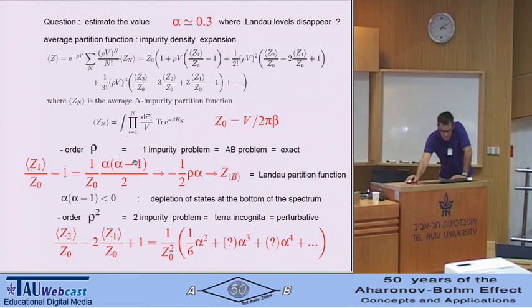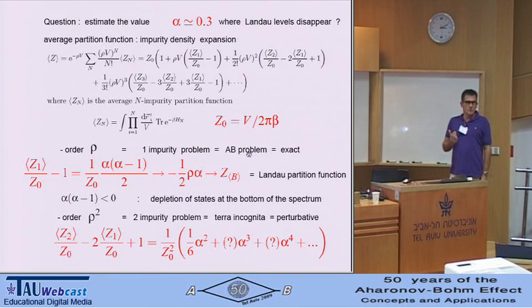This is this result here. So Z1, which is the 1 impurity partition function, divided by the free partition function, which is given here again, minus 1, is given by this. And if you consider this term, minus 1 over 2 times alpha, which appears here, and multiply it by rho, you get exactly what you need to build this mean magnetic field partition function I was talking about before.